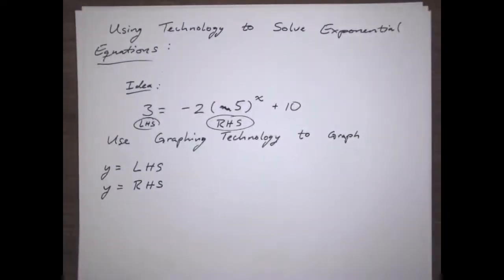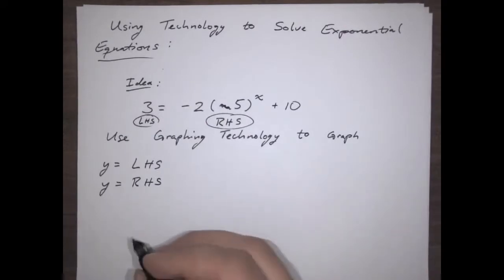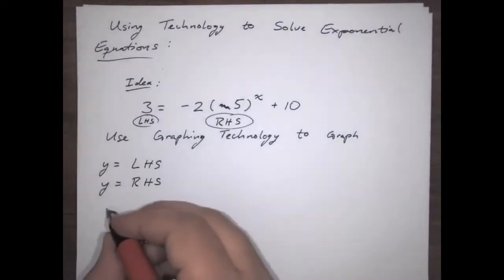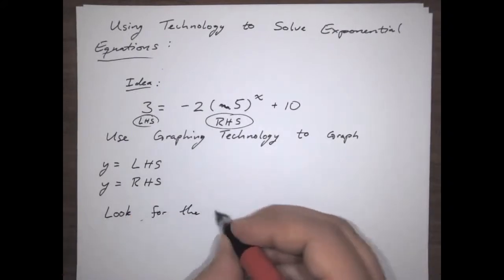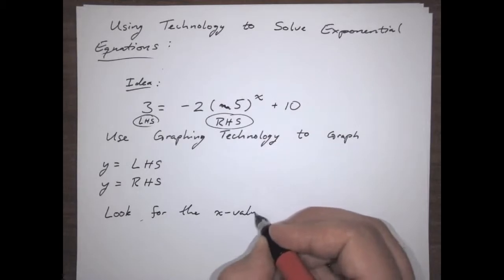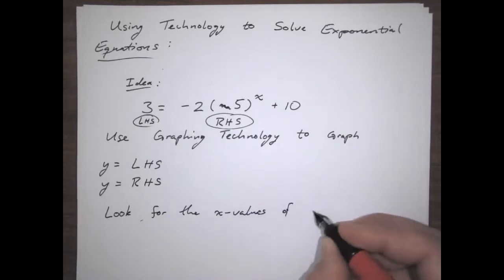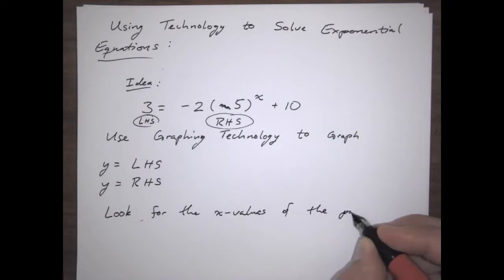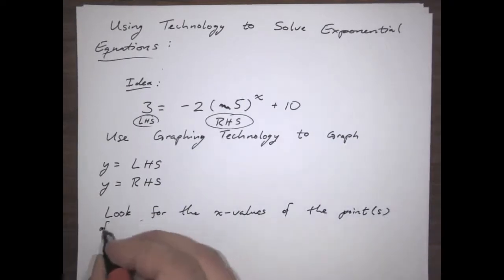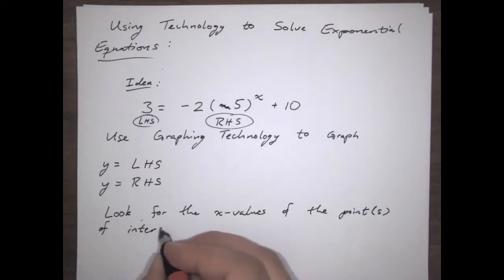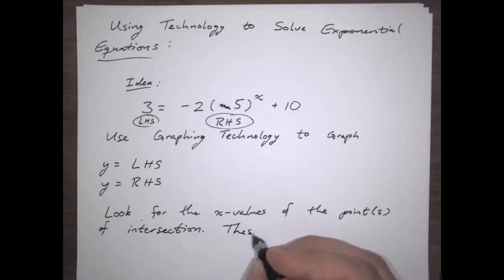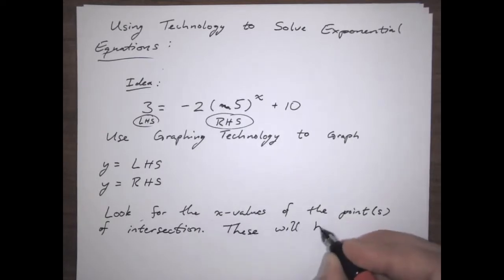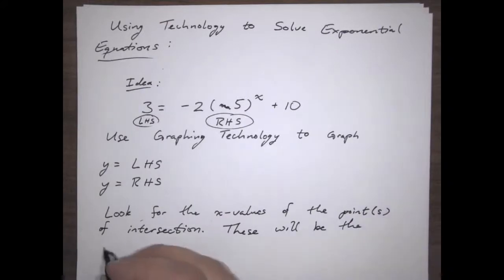And then you would look for where these two graphs intersect. Look for the x values of the points of intersection. These will be the solutions.